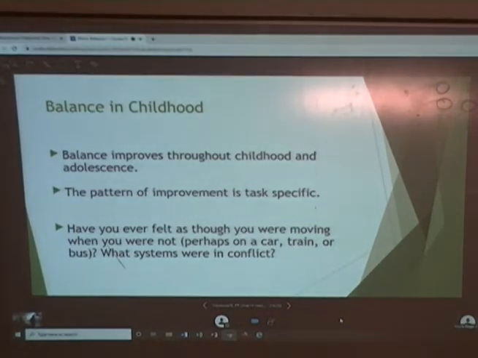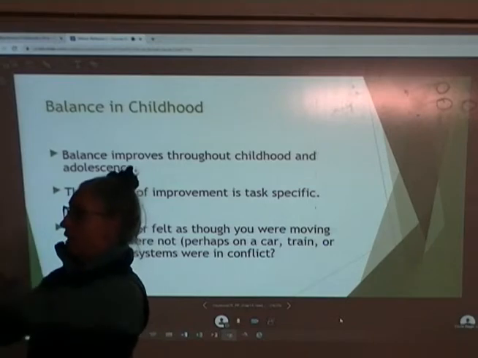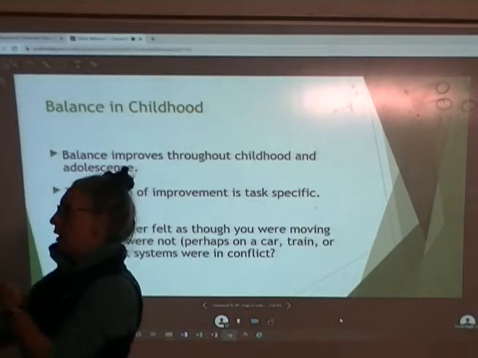Right? So that was one of the things that got me really interested in this idea when I came into grad school and I found out about constraints theory.